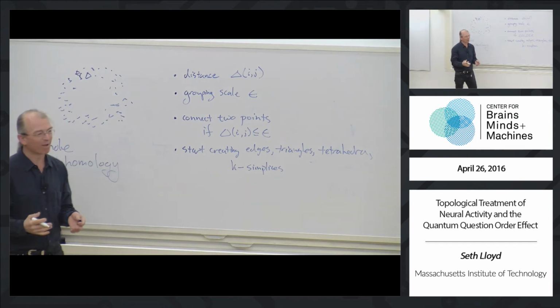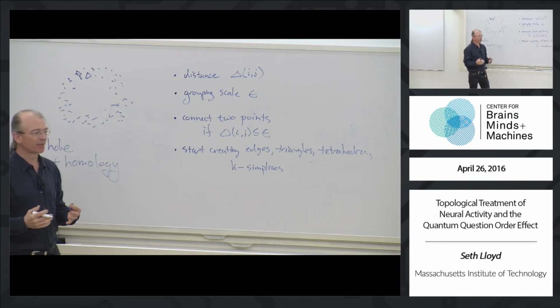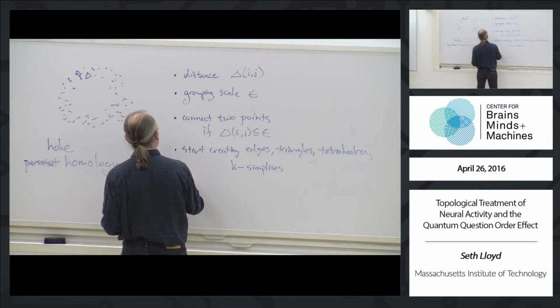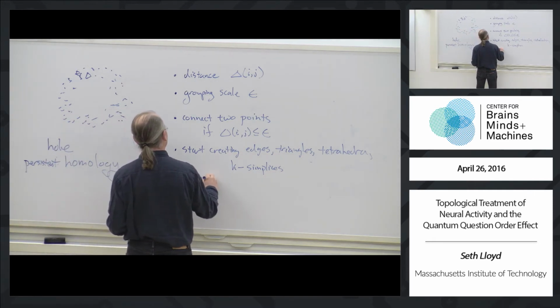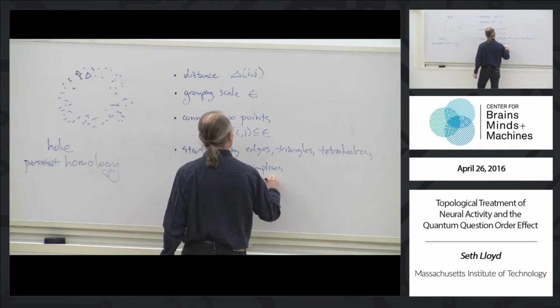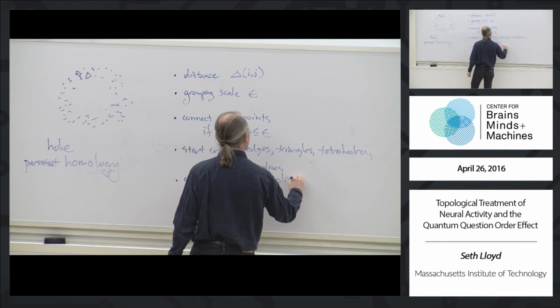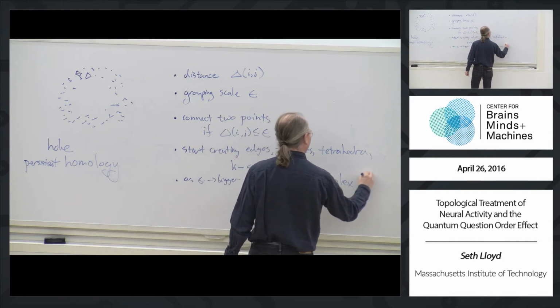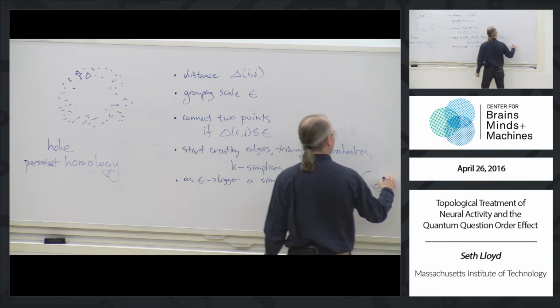An edge is a 1-simplex. A tetrahedron is a 3-simplex. So as epsilon gets bigger, a simplicial complex, it's called a simplicial complex, I'm afraid to say, S epsilon emerges.